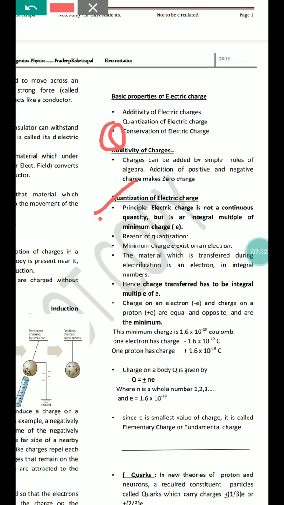That is, q equals plus or minus ne. We can transfer integral multiples of electrons from one body to another, not fractional forms. The minimum charge is 1.6 times 10 to the minus 19 coulomb. One electron has a charge of minus 1.6 times 10 to the minus 19 coulomb.